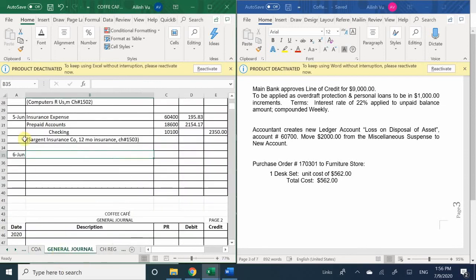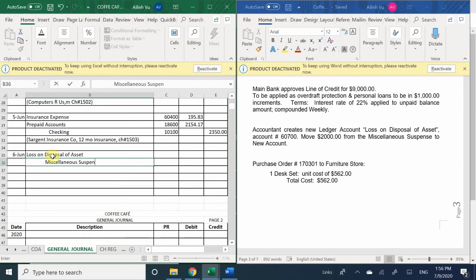Because we know that the new account that we created is a loss on disposal of asset. And then we know that the account that we're taking out of is going to be miscellaneous suspense.